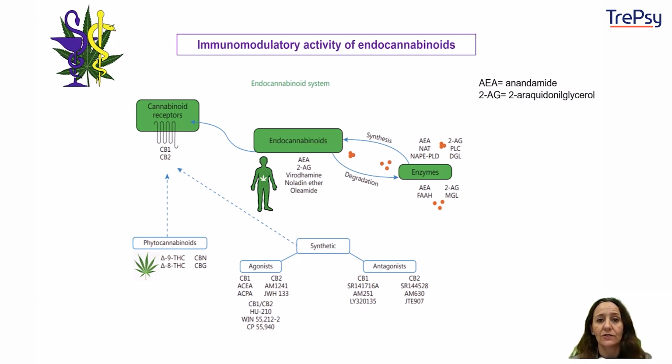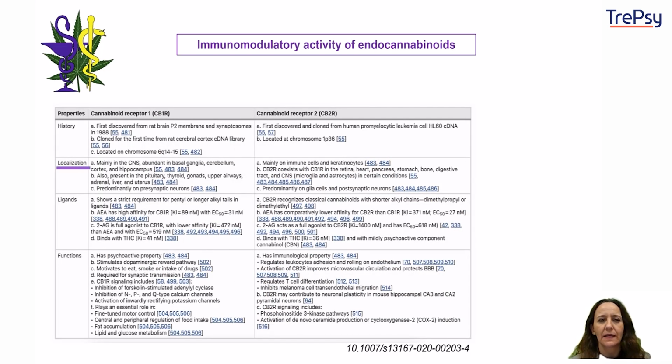What are the functions there? Let's see. If we have a look at the localization of CB1 and CB2, we can observe that they are mainly expressed on immune system cells.